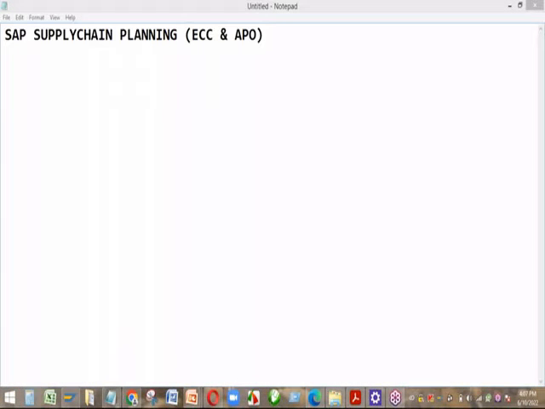So we started an introduction into the advanced planning and optimization tool within the SAP SCM system. SCM is Supply Chain Management.